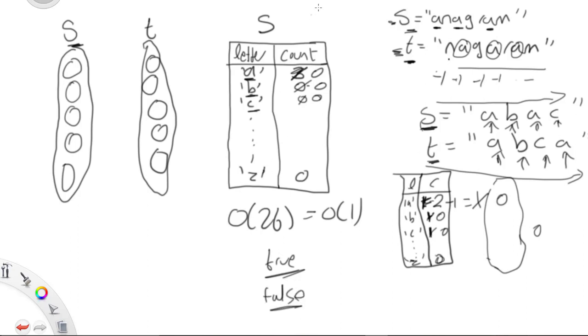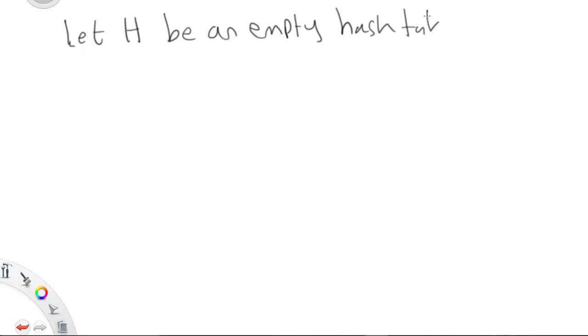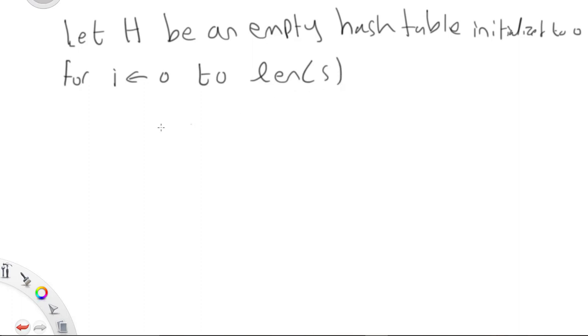So how would that translate into code? First of all, let H be an empty hash table, initialized to 0. Now, for i from 0 to the length of S, I simply say H of S[i] plus plus.